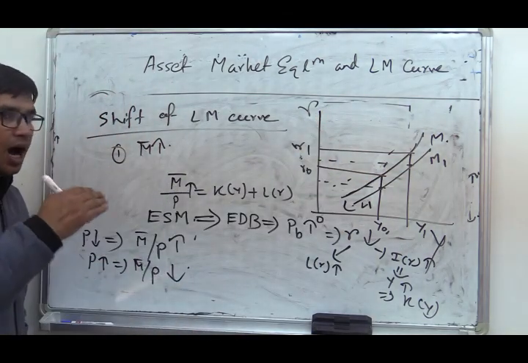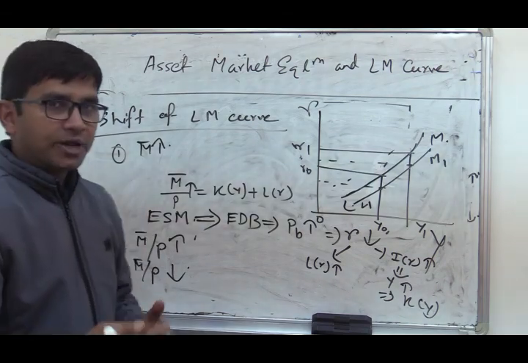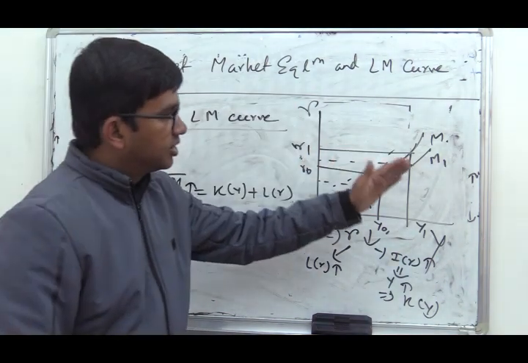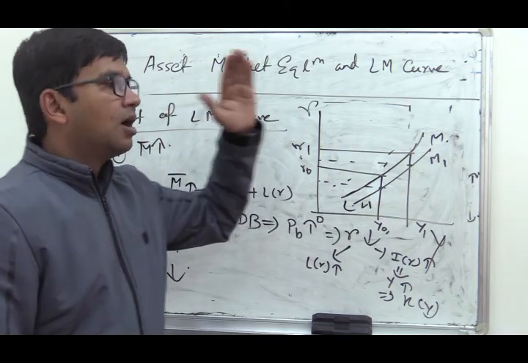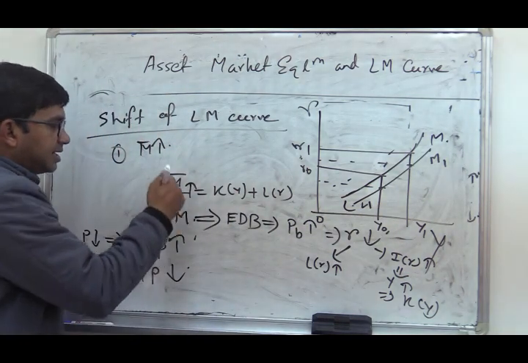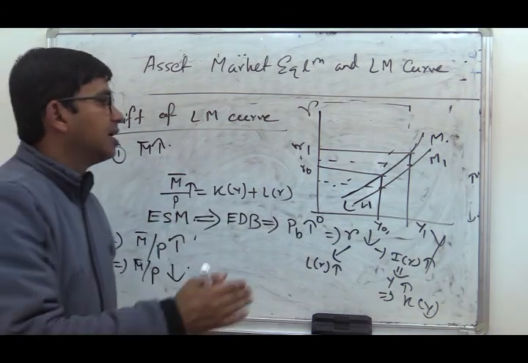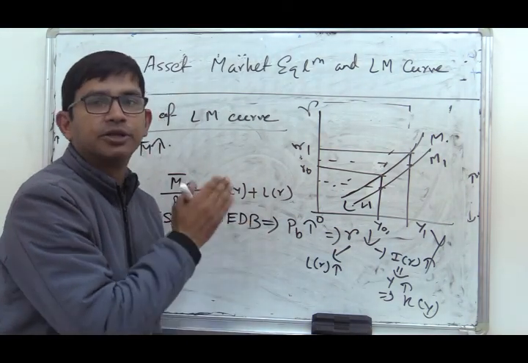So either an increase in nominal money supply or a decrease in price level, the LM curve will shift rightward; or if there is a decrease in money supply or an increase in price level, the LM curve will shift leftward.